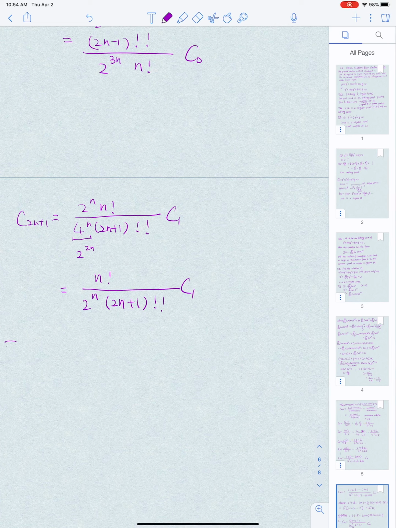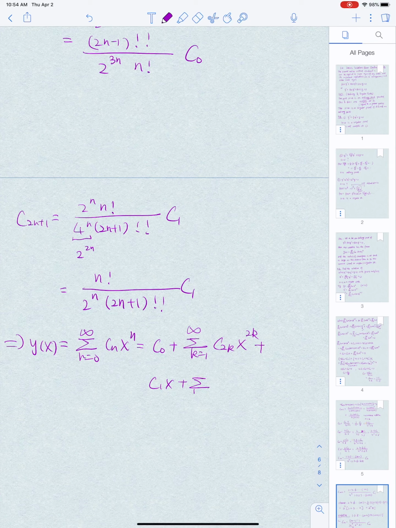Okay, now we can write down the solution. So the sum, the sigma, we can write out the first two terms, n equals 0 and n equals 1.